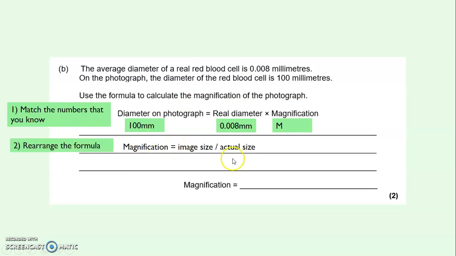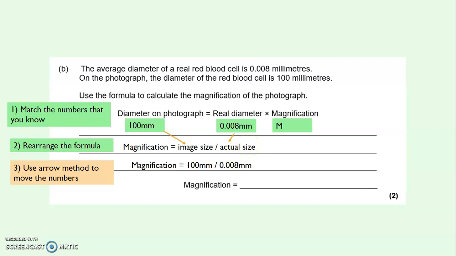Next thing we need to do is rearrange that formula. So use the triangle. We've got the I am, and we need to work out this. So magnification is going to be the image size divided by the actual size. We can then pop our numbers in using the arrow method. So if we literally just draw an arrow, so we know this one is going here, this one is going here, and put them in again.